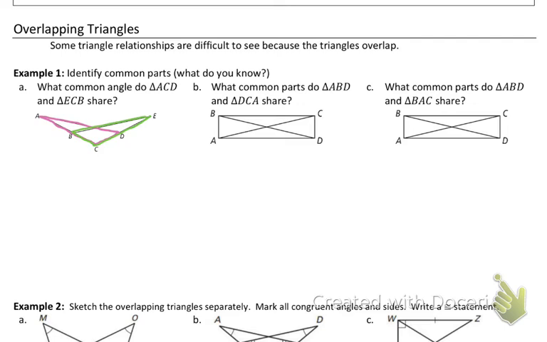But one of the more common ways is to actually just redraw the triangles, but separated. So I'm going to draw that pink triangle first. That pink triangle was ACD. And then I'm going to draw the other triangle. I just split them apart. Doesn't have to be perfect or pretty. Just make sure you get the letters down correctly.